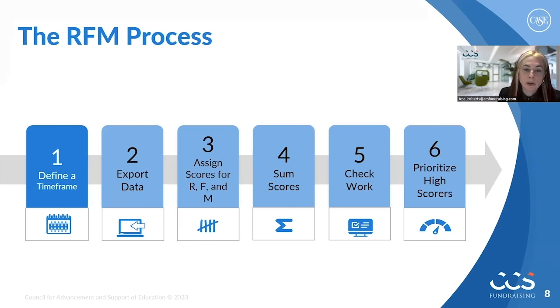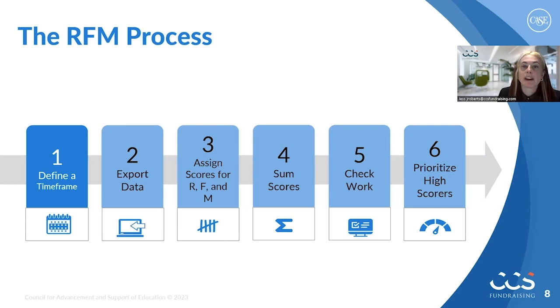Then you will assign scores for each of the R, the F, and the M, and we will use 1 to 100, for example, with 100 being the highest for the R, the F, and the M. And then you'll take these three scores, and you'll get that RFM score by summing up the total, where the highest will be 300. Once this is done, we really recommend that you double check your work just to make sure everything was done accurately.